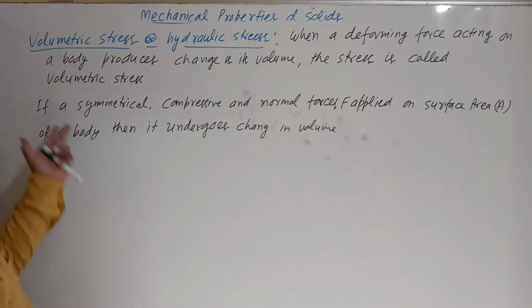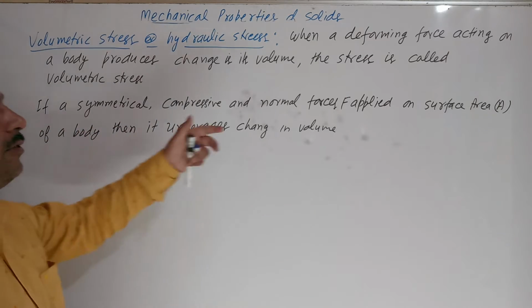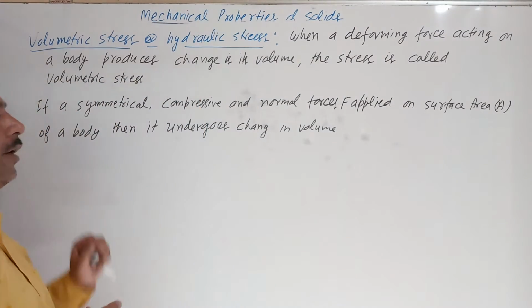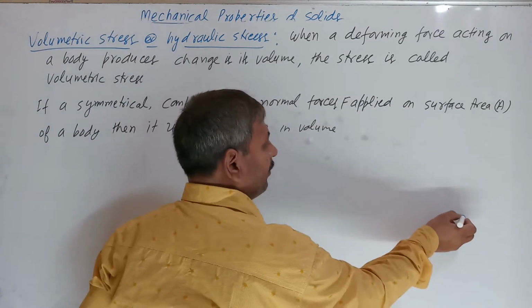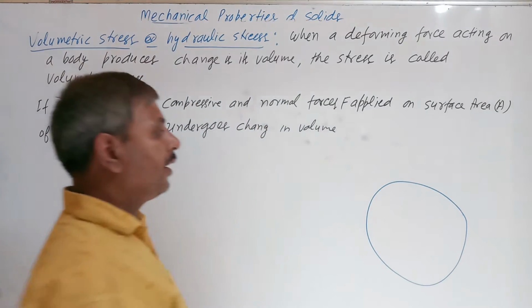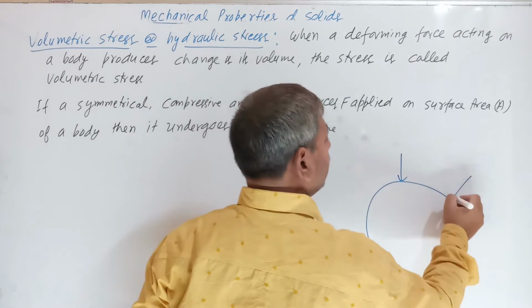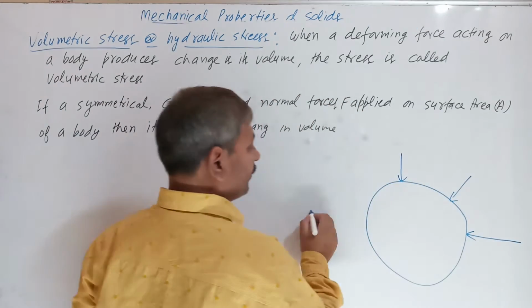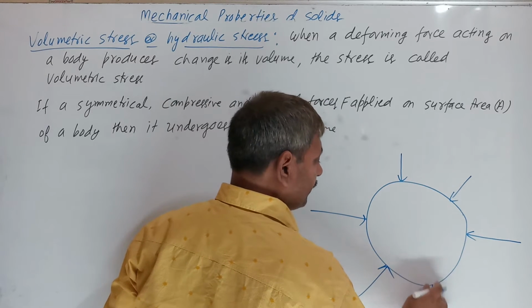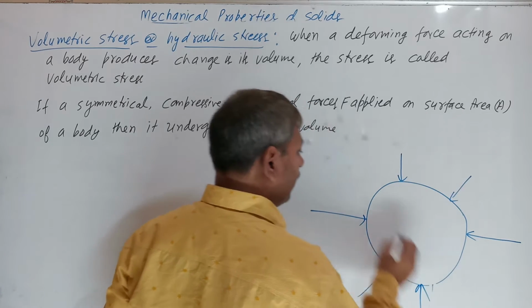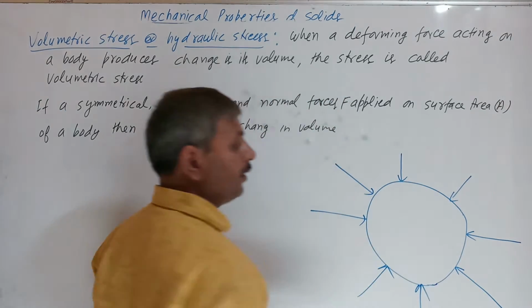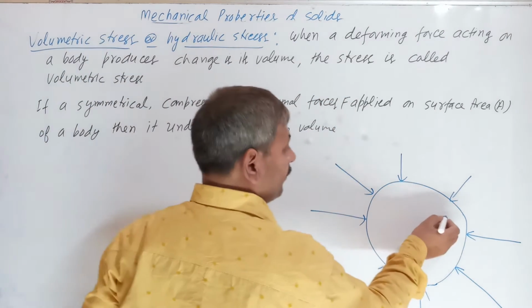So see, suppose I have symmetrical, compressive, normal forces applied on a surface area of a body. Suppose I have taken a spherical ball, and I have applied compressive force upon the area symmetrically, the same force from all sides, and there is change in volume.